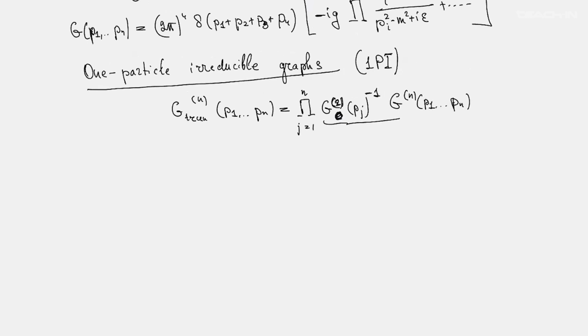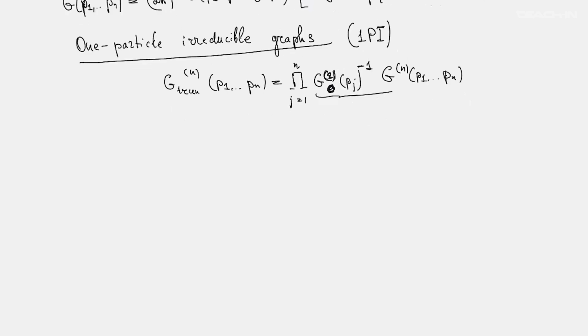So the connected Green's function, say the 2-point Green's function, is given by the following formula. As we said, there is a free propagator. Again, I'm considering phi-four theory. Then at order g, there is this diagram, one connected diagram. External points are x1 and x2.